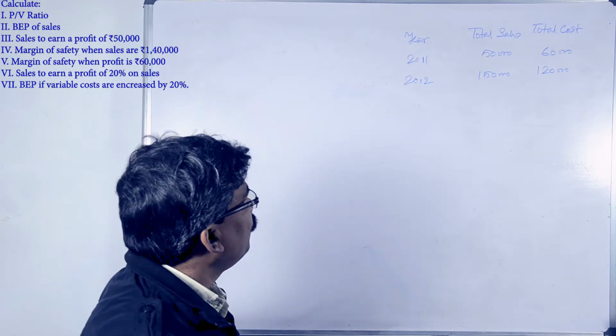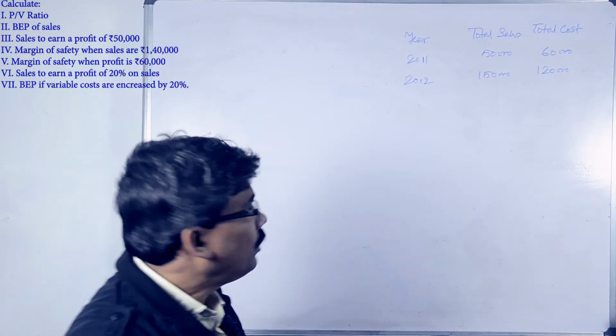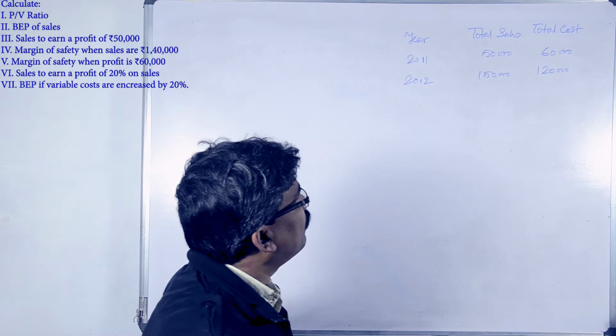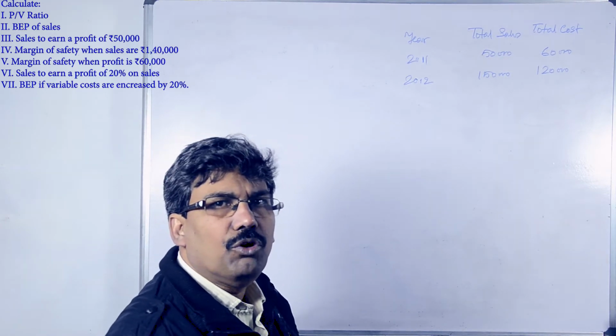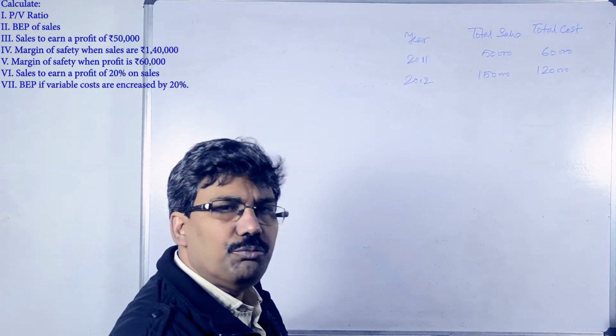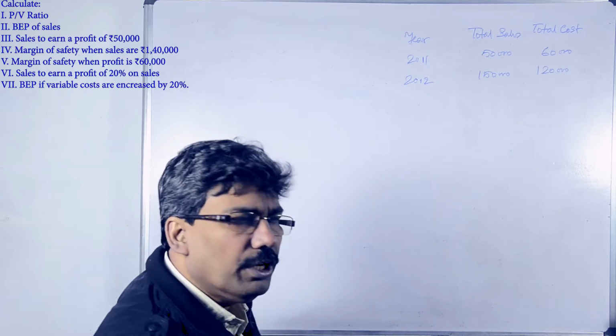When the question is given in this pattern, 2 years given, 2 levels of sales and 2 levels of costs are given, we have to use the formula for PV ratio: changes in profit divided by changes in sales into 100.